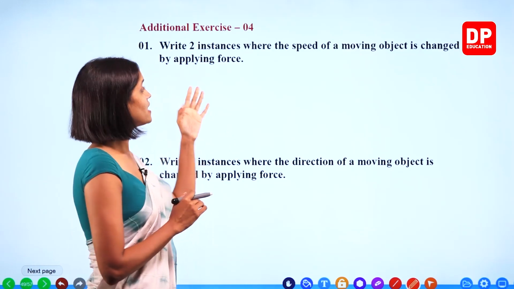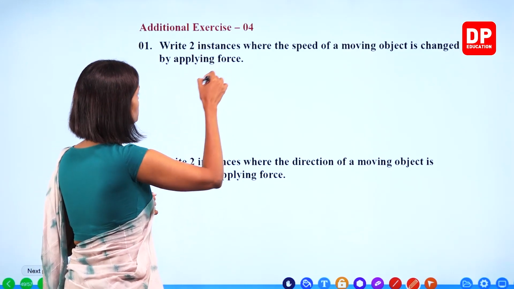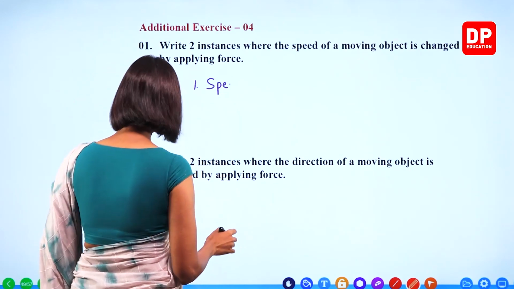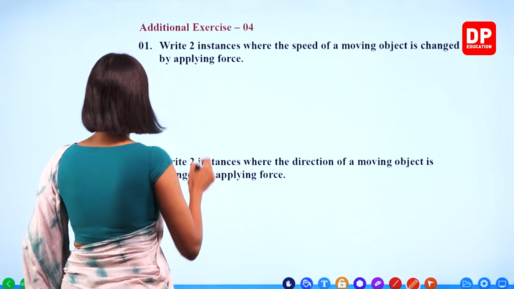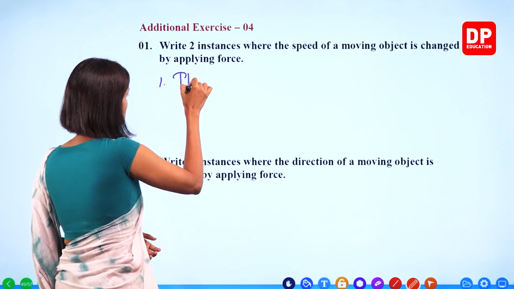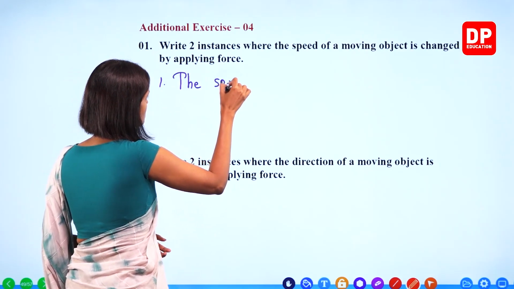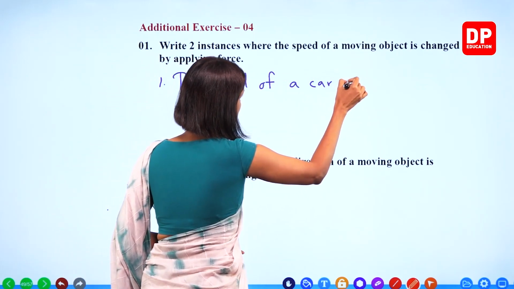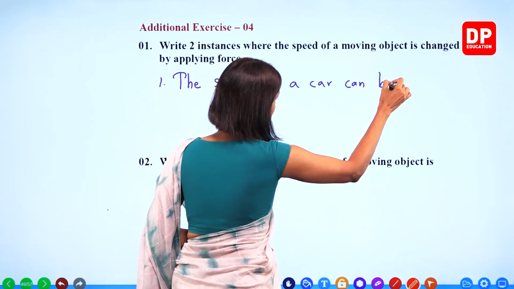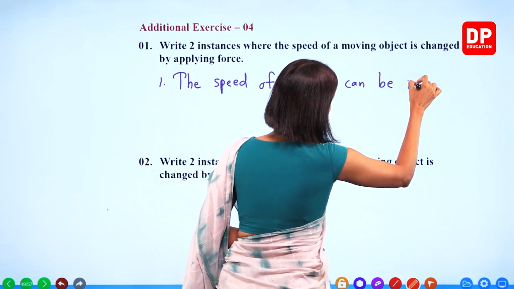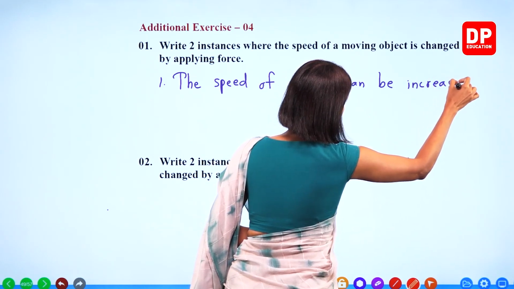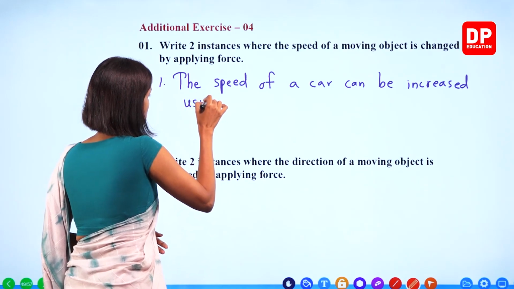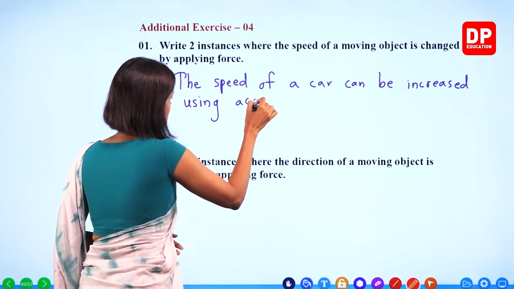Okay, children. Likewise, we will write 2 of them. Write 2 instances. The speed of a car can be increased using the accelerator.